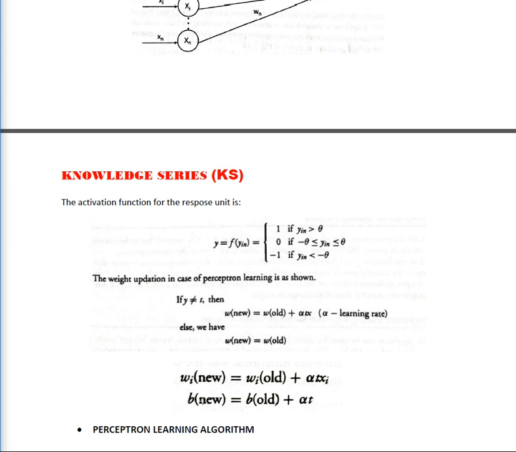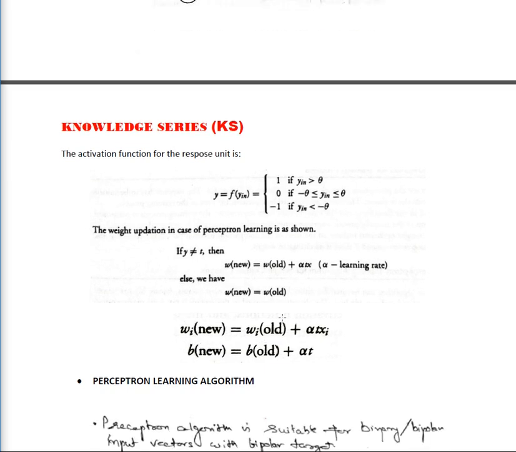So b old plus alpha t is equal to b new, whereas for the weights it is represented as wi old plus alpha t into xi. That's how we take wi into consideration, because this xi keeps on changing. Here the b, which is a suffix, does not change, so we can consider it as 1. So b new is equal to b old plus alpha into t. These two updates are applied as long as y is not equal to t.